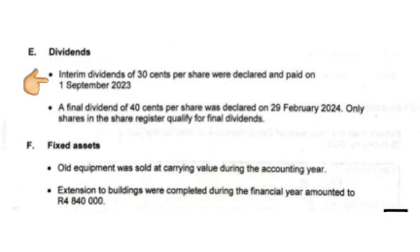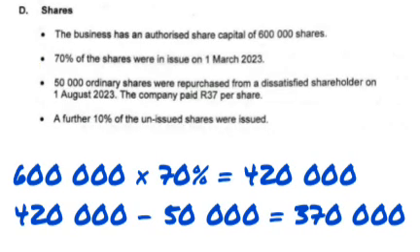So we know last year's dividend was 280. This year's interim is 30 cents on 1 September 2023. So we need to know the number of shares that we are going to calculate that 30 cents on, provided it's supposed to be on 1 September 2023. So basically, on our issued shares, we are looking at everything that took place up until the 1st of September.